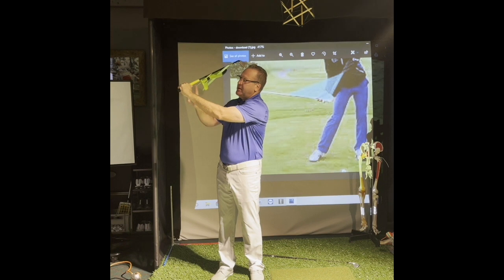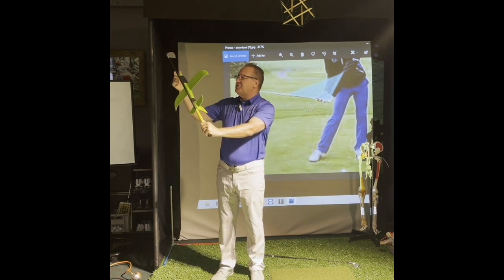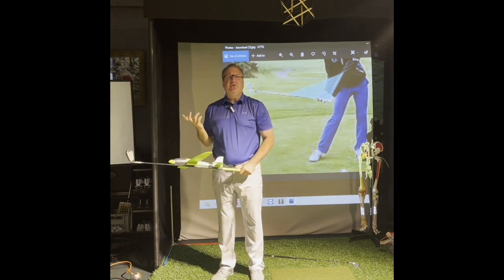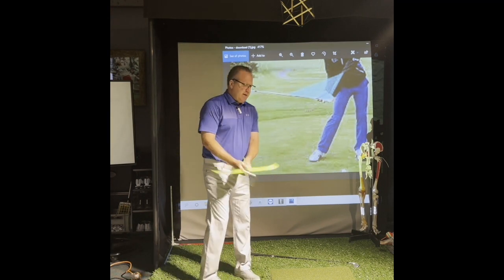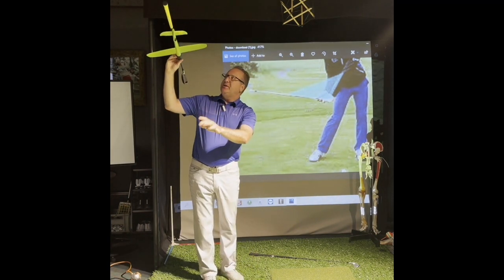I could keep this relationship of my arm and club as much as I want, but how much actual rotation is taking place in the club, because that's really all that matters. And what we find is the best players in the world will bring the club up to the top, and the airplane will be tilted this way.